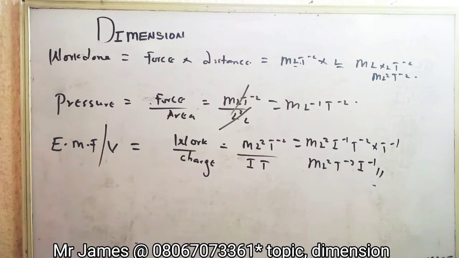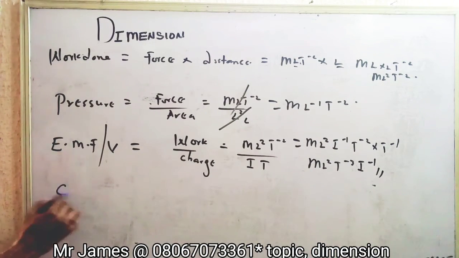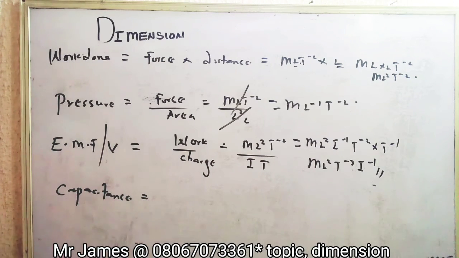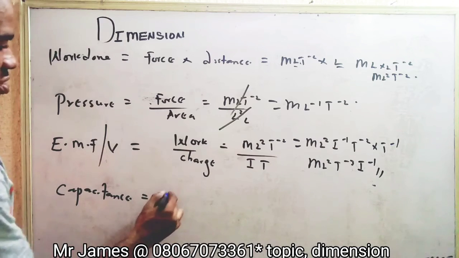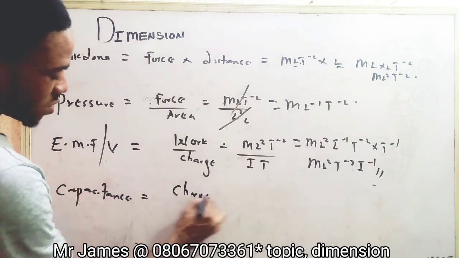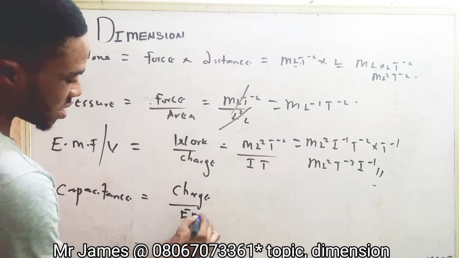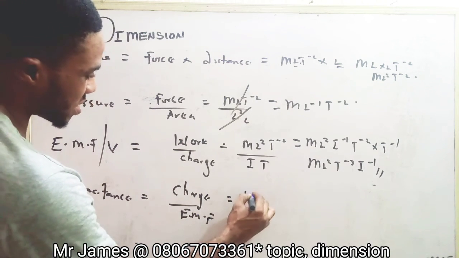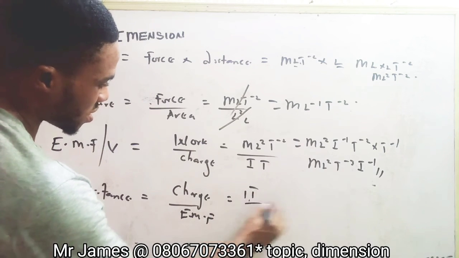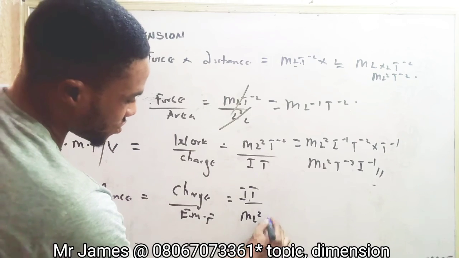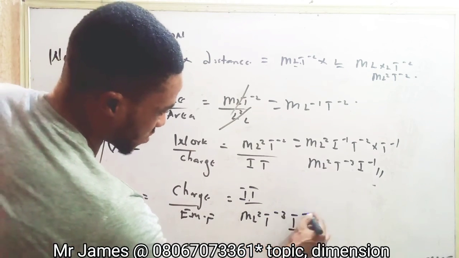Now, another one I want to talk about is the capacitance. The capacitance is given as the charge over EMF. But the charge on its own is I times T. Then the EMF is still on the board. We have ML squared T raised to the power minus 3 multiplied by this.